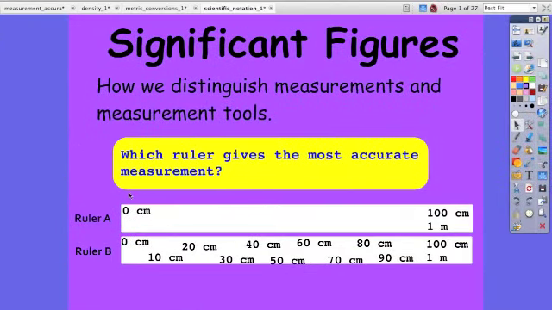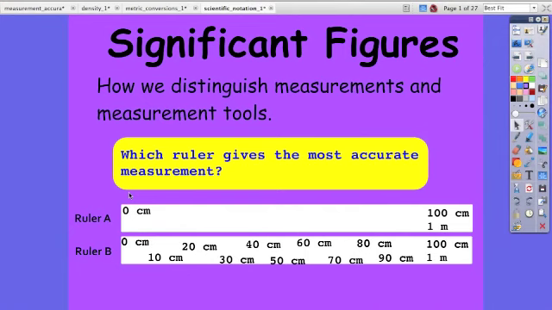Okay, if you watched that one already, you already know that we use significant figures whenever we're measuring, and it shows how specific our measurement tools or measuring equipment are: beakers, graduated cylinders, triple beam balances.